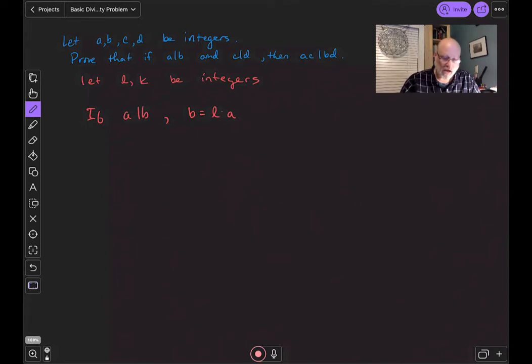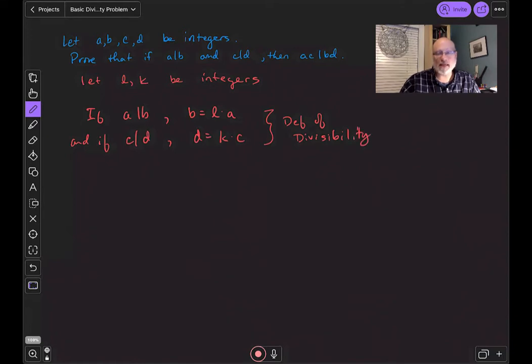And if C divides D, then D is equal to some integer K times C. Both of these are based on the definition of divisibility, with a little bit of notation thrown in.